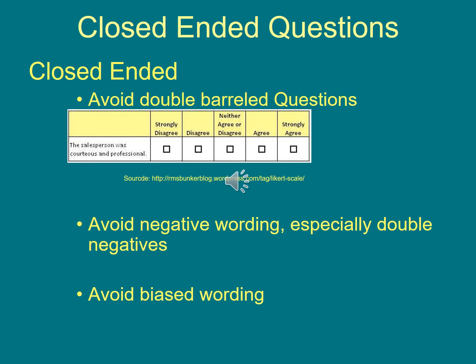You also want to avoid negative wording generally, and especially avoid double negatives. Negative wording generally can be confusing to respondents. For example, saying "should people not be allowed to use animated billboards along busy streets" is going to make people think, what does that mean?